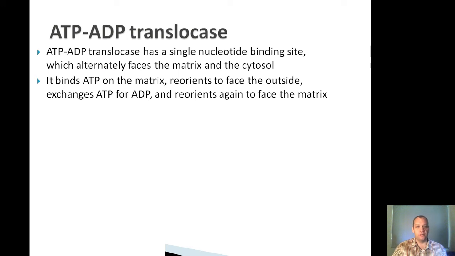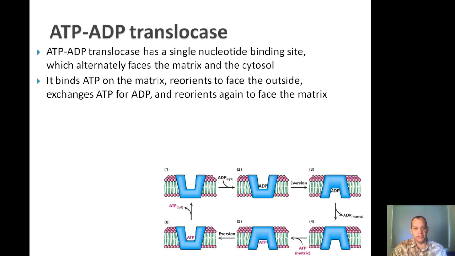That will cause a conformational change in the protein so that it reorients itself and faces the outside, the cytoplasmic side, where the ATP will dissociate and it will bind an ADP. So it exchanges this ATP for an ADP, which causes another conformational change and reorients the protein so that it faces the matrix again.